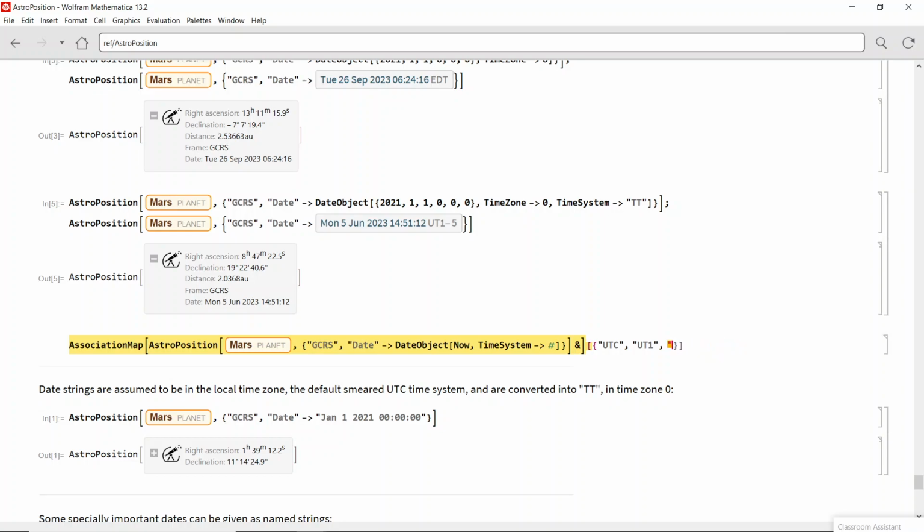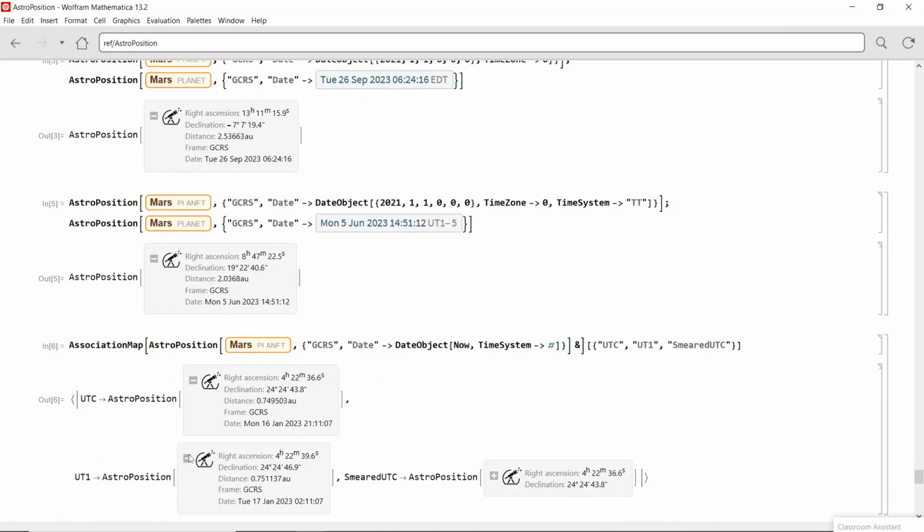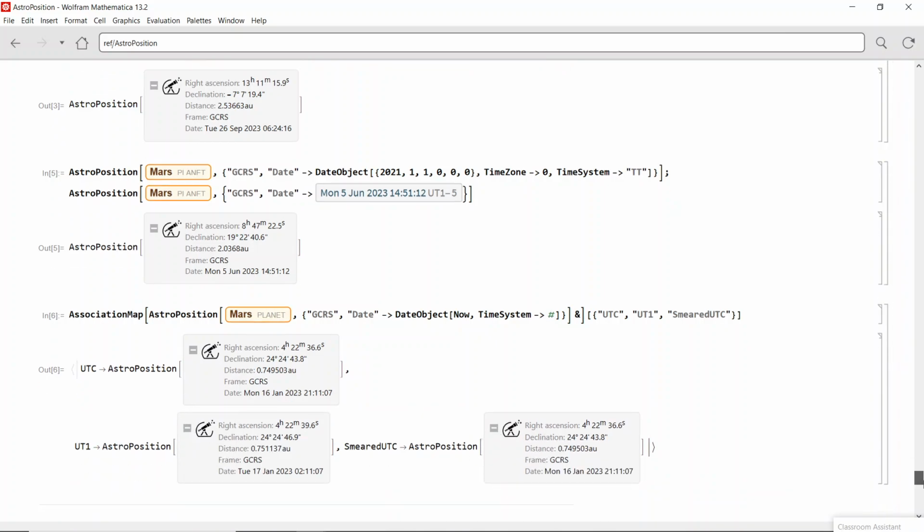So smeared UTC. And there's a difference. You have 39.6 and 36.6 here. TAI, TT.